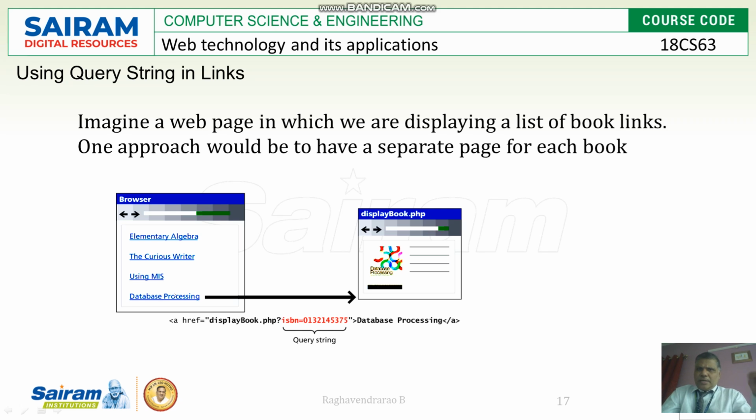The query string has the ISBN number, and this displays that particular book once you click it.